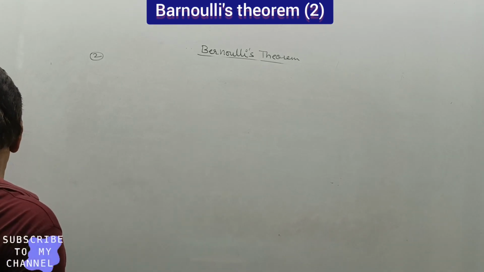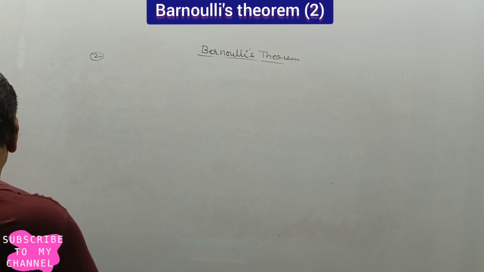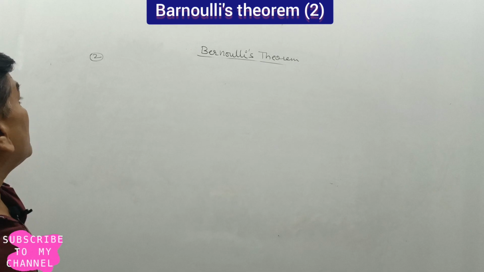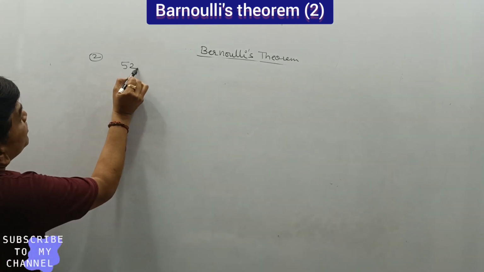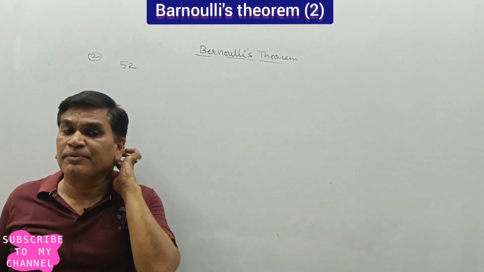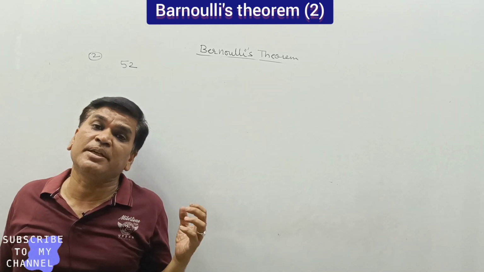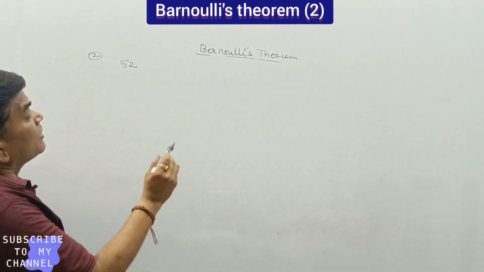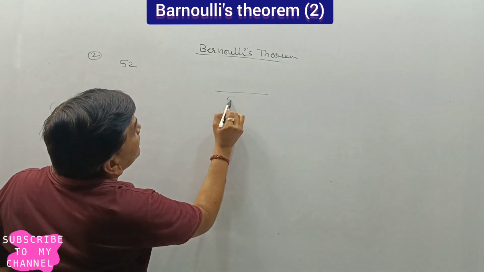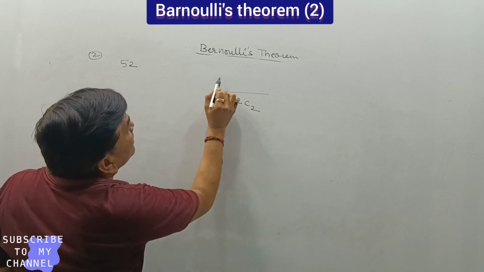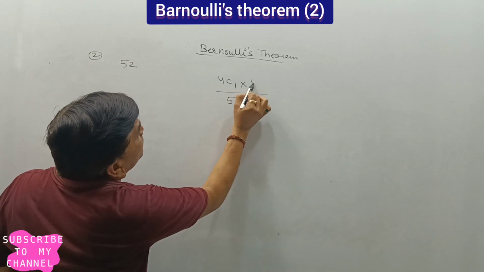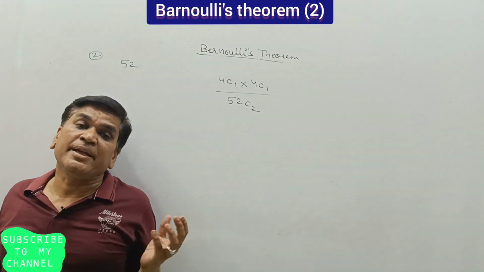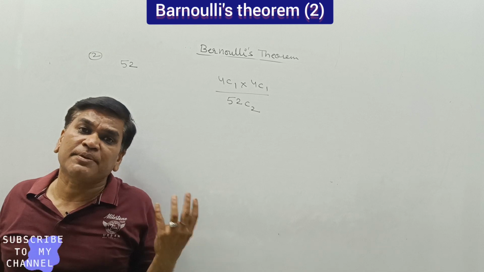From a pack of well shuffled 52 cards, 2 cards are drawn at random, what is the probability that one card will be king and the other will be queen? For getting 2 cards from 52 cards, that is 52C2. For getting 1 king and 1 queen, 4C1 and 4C1, because in playing cards there are 4 kings and 4 queens.